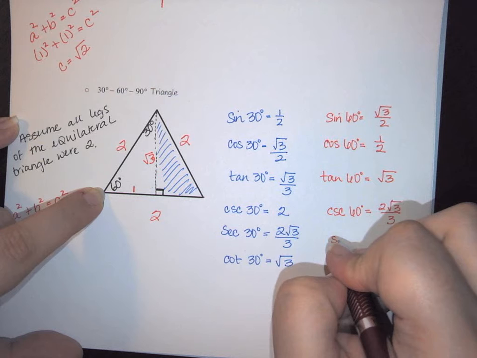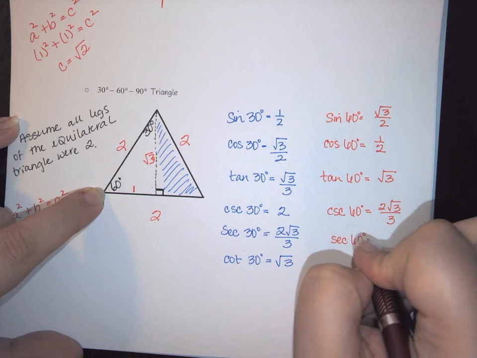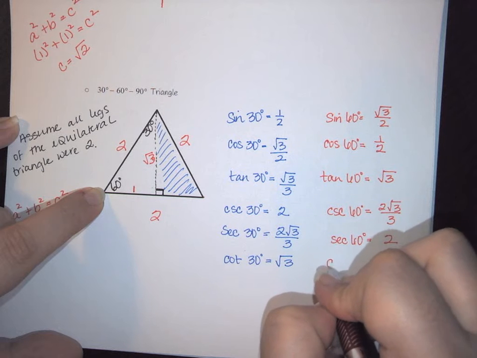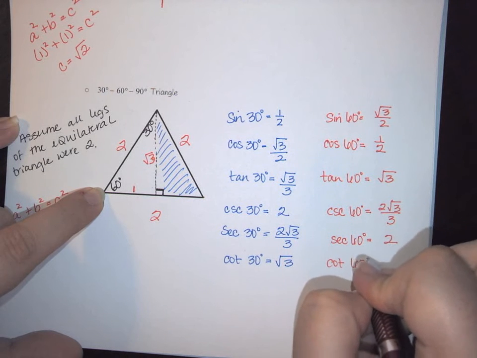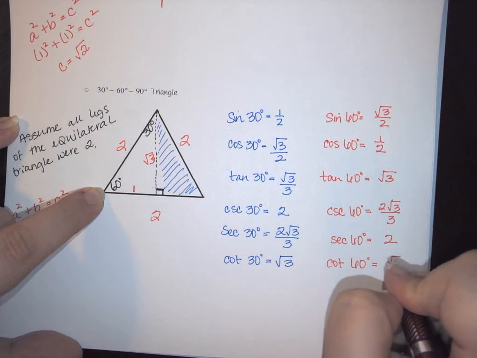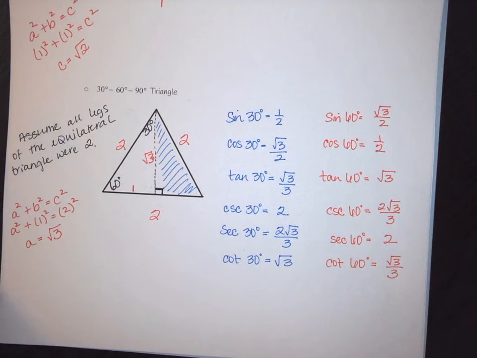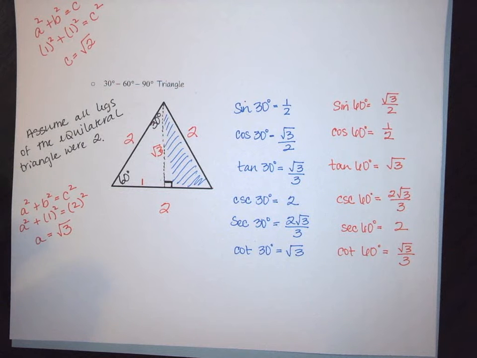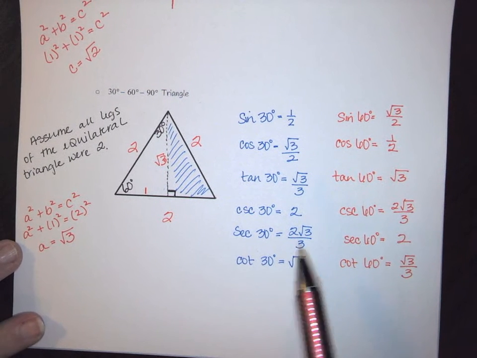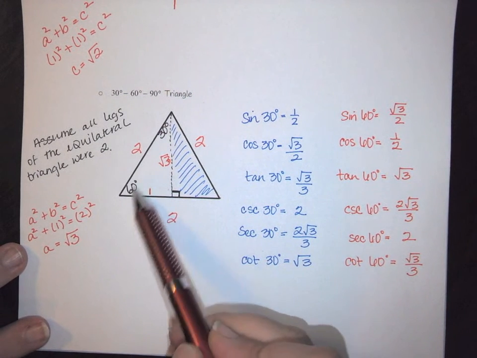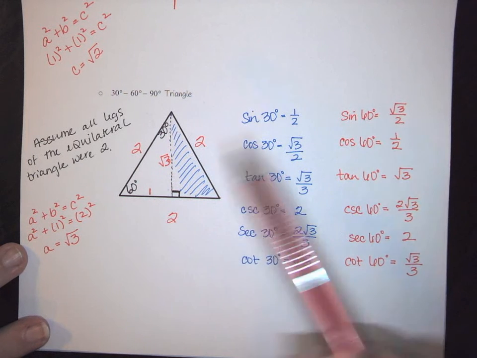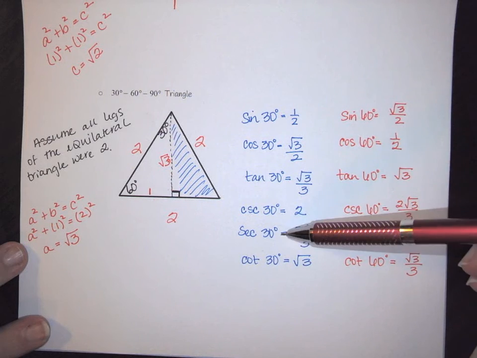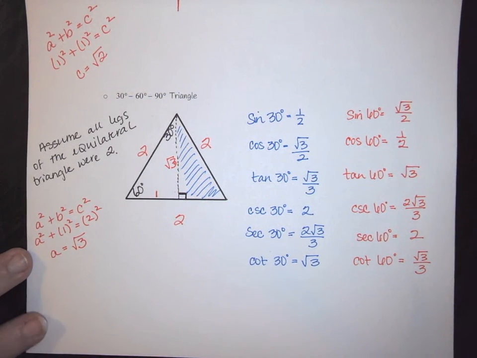I then have the secant of 60, which is going to be 2, and the cotangent of 60, which ends up being the square root of 3 over 3. Okay. So when you're talking about a 30, 60, 90 triangle, you have to be sure that you know which angle is going to be your reference, because 30 and 60 have two very different results when dealing with your trig functions.